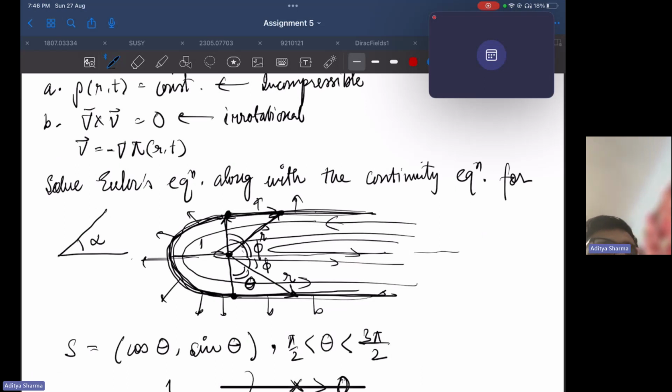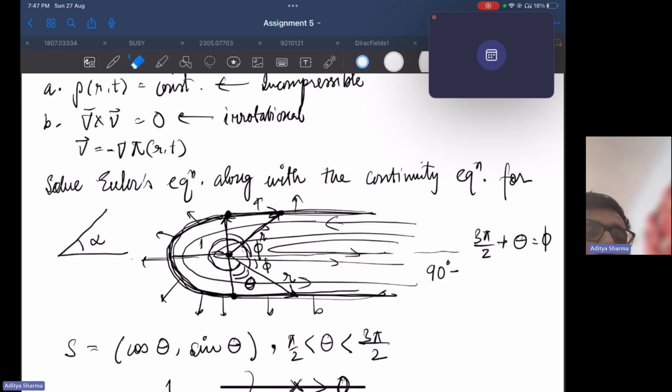And theta is nothing but, in terms of the 90 degree minus phi, should be taken from this side. So phi is 3 pi by 2, plus theta is equal to pi.